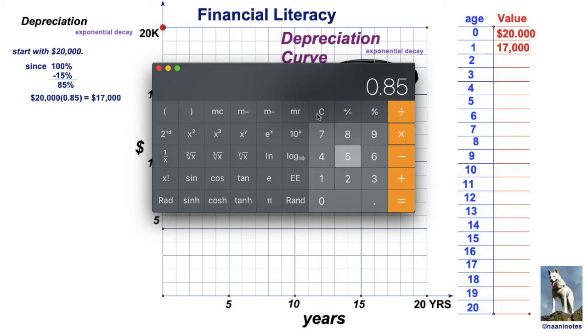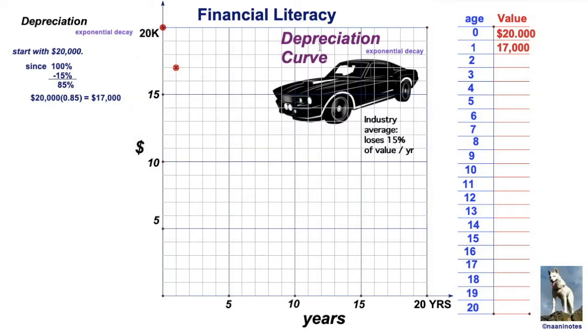And that's going to equal, okay. Then we're going to multiply that again times 0.85, and we're going to record the next two numbers. So you see how this works. We can just go down here, and so that's going to be for year number 2, year number 3. Let's put those up there.